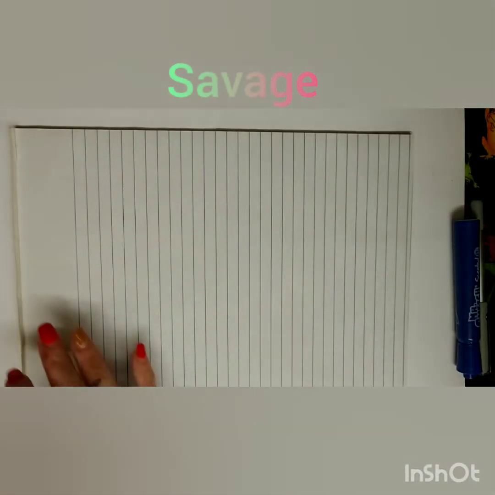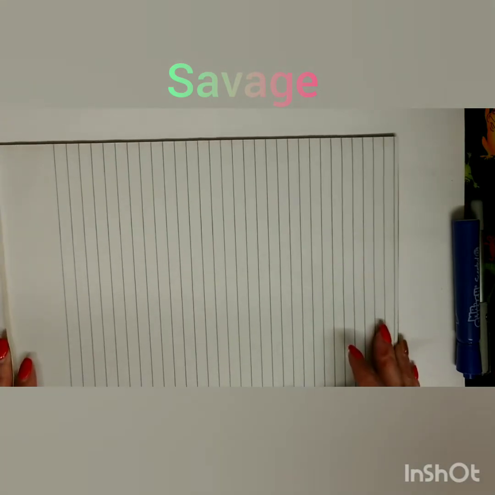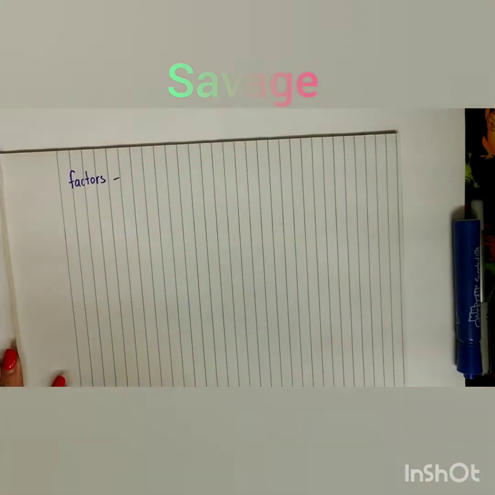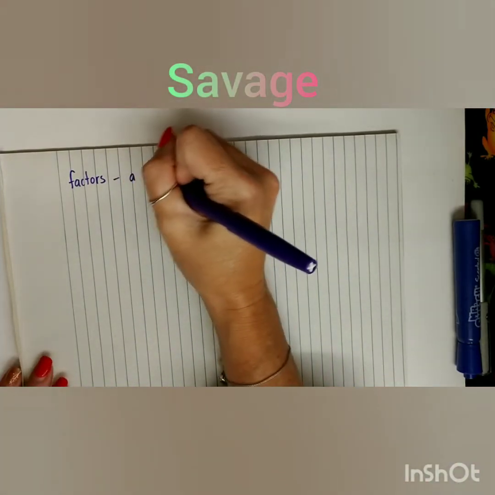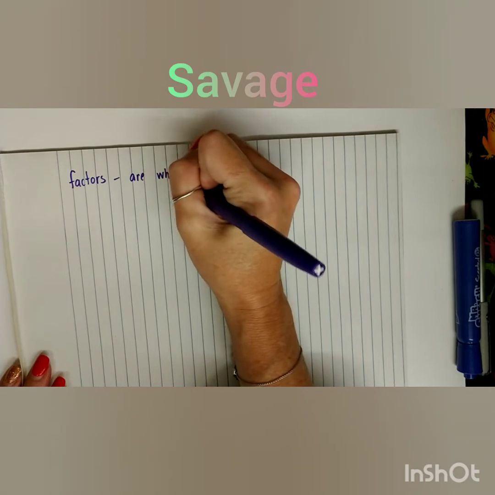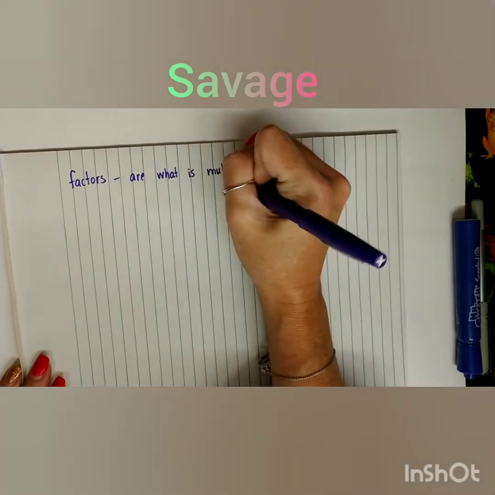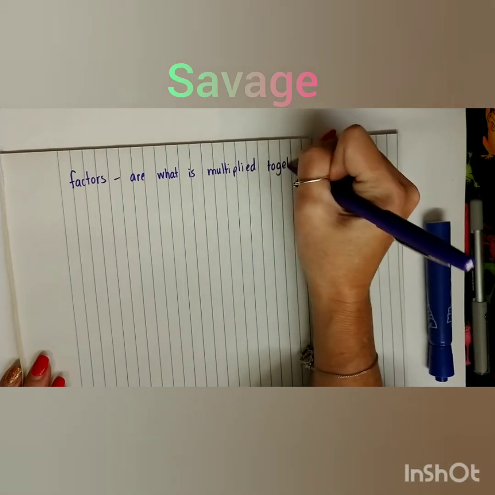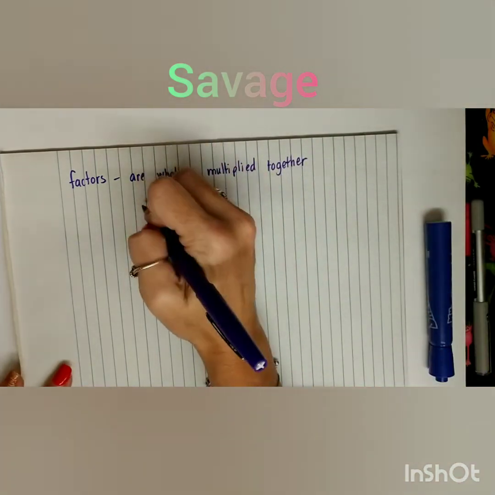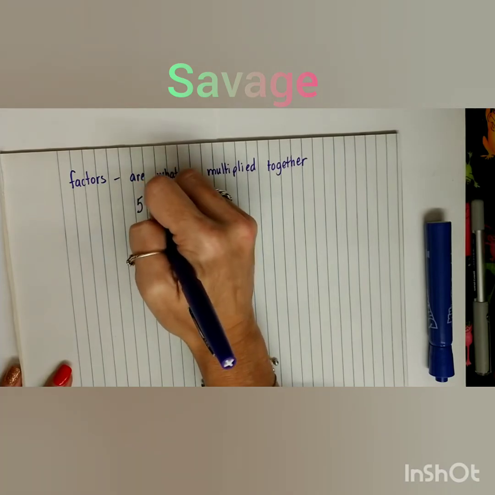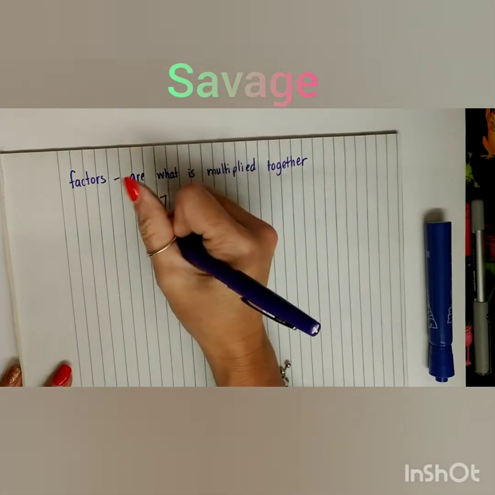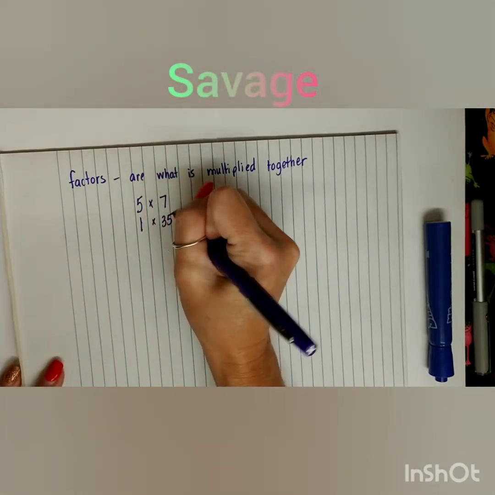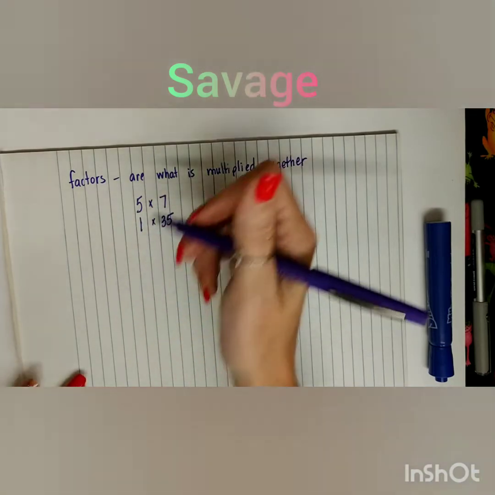Now, let me go into factors and multiples. Factors are what is multiplied together. For example, 5 times 7, those are my factors. 1 times 35, those are my factors of 35.